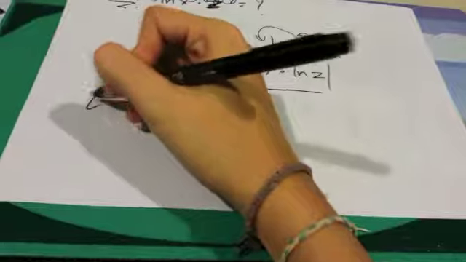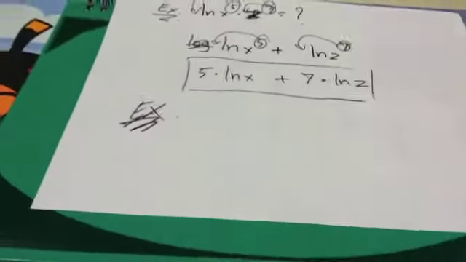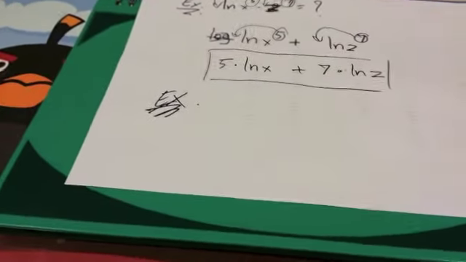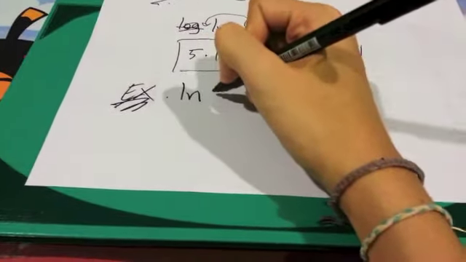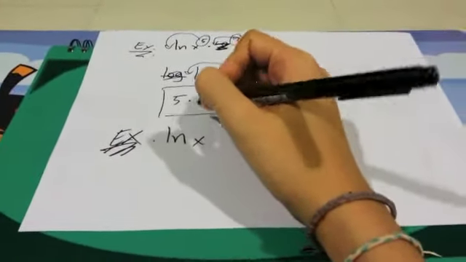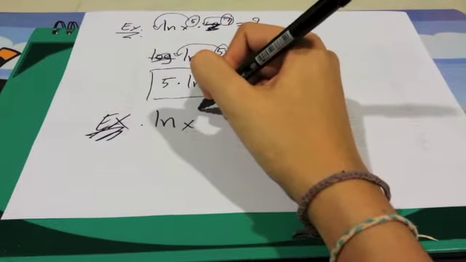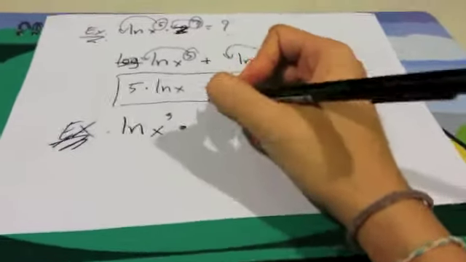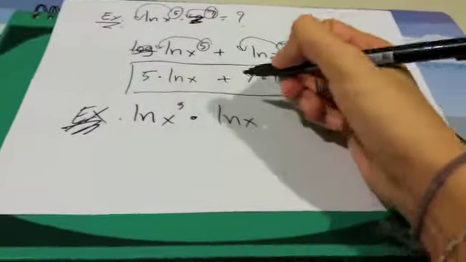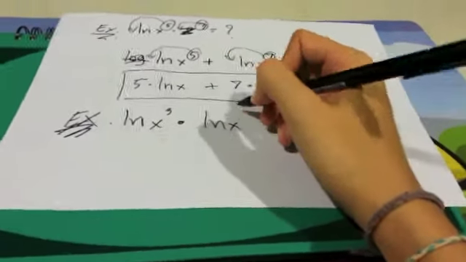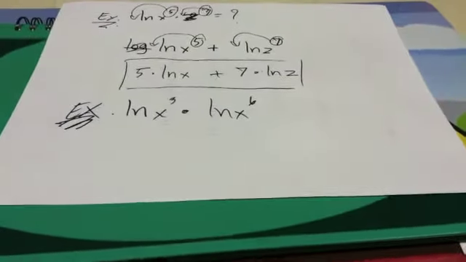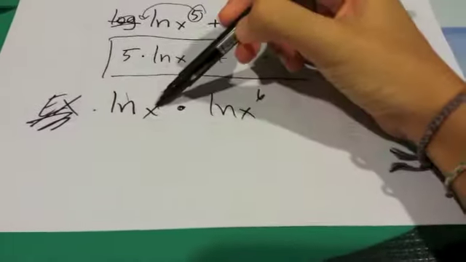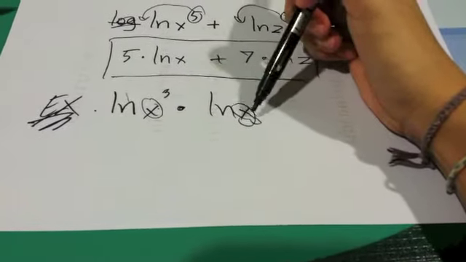Another example. Now, ln x to the power of 3 times ln x to the power of 6. Now in this question, the base here and here is the same.